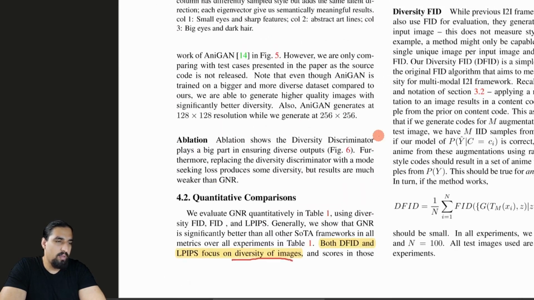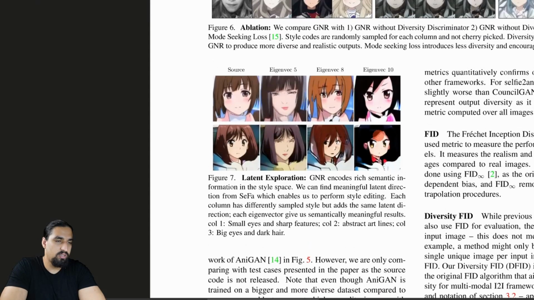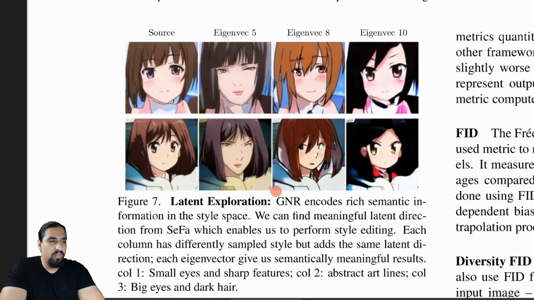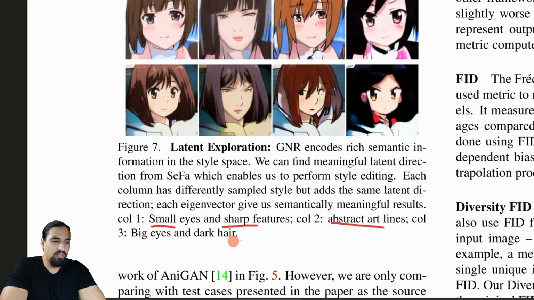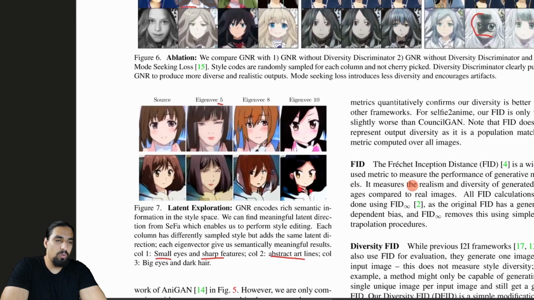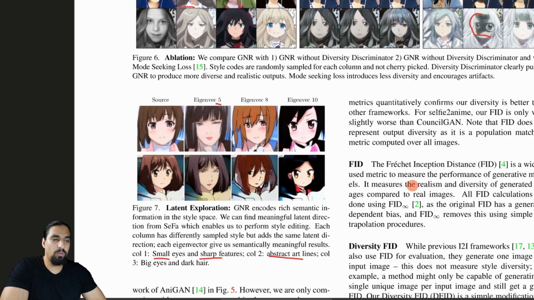So basically, they calculate these eigenvectors, and every single image here was generated using a different style code, and once you add these eigenvectors, you can make them have certain properties. So if you add eigenvector 5, you get small eyes and sharp features. If you add eigenvector 8, you get abstract lines, and finally big eyes and dark hair if you add eigenvector 10. So they show that this manipulation method works for their style codes as well.